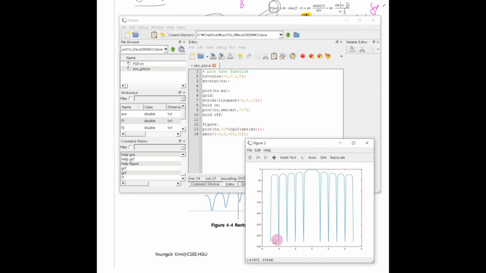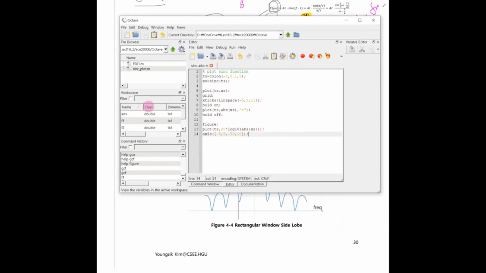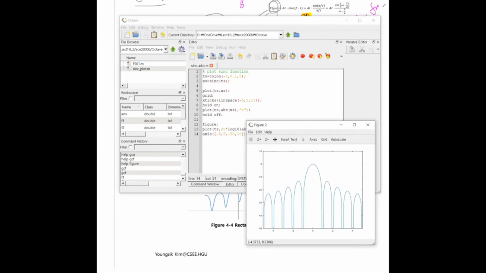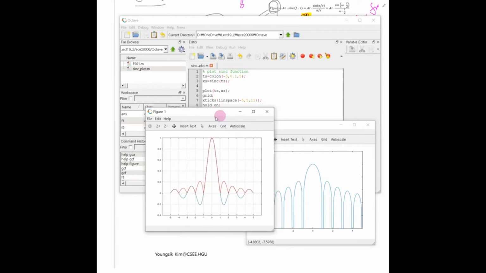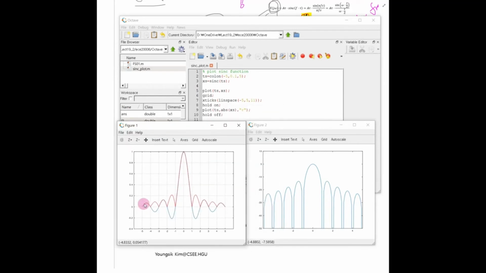By using this constraint, let's plot that again. Now it gives this kind of pattern. This is a log scale. The same magnitude can be plotted in this way, but if you take the log, it looks like this. Think about this: you know that log 1 is 0 dB, so this is 0 dB.